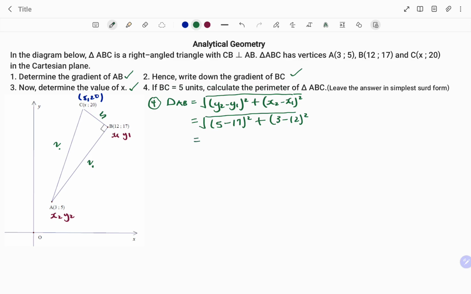What I will have is root of negative 12 all squared plus negative 9 all squared. That's equal to root of 144 plus 81.